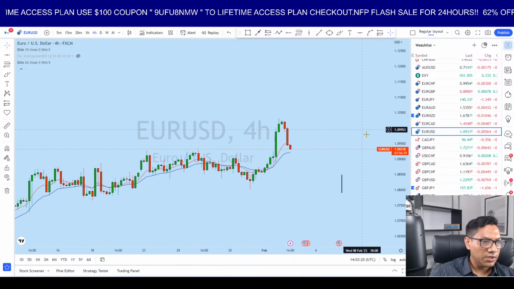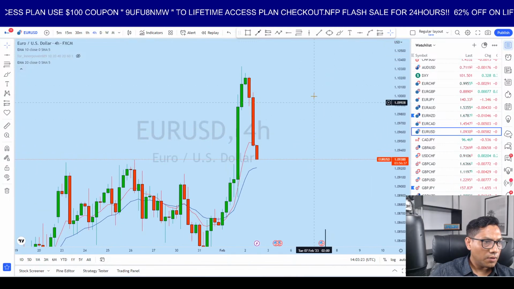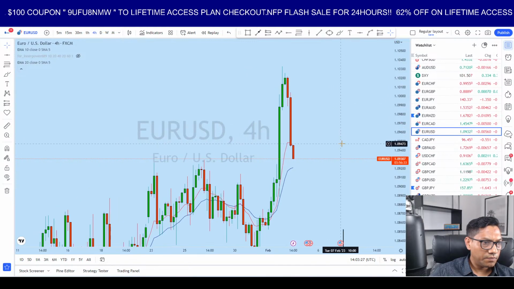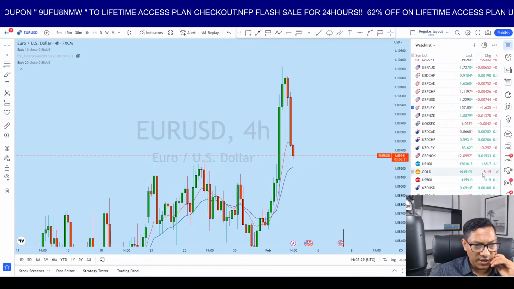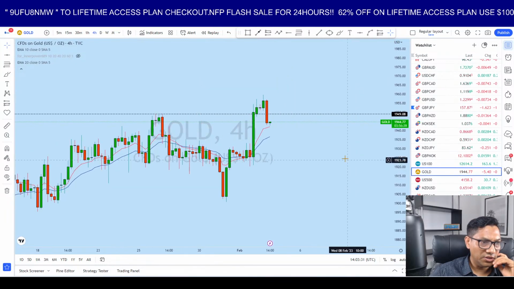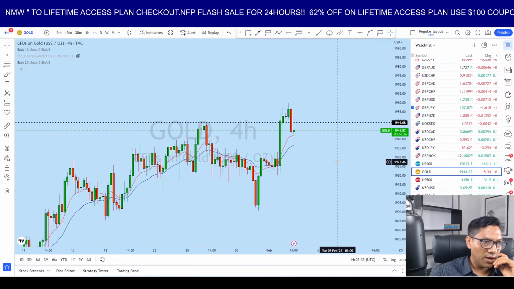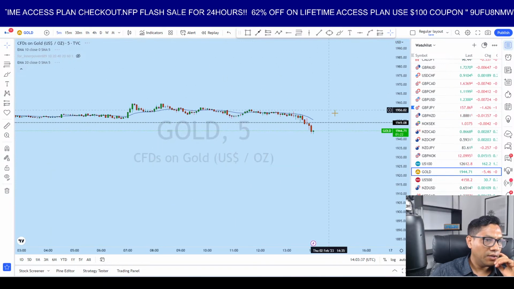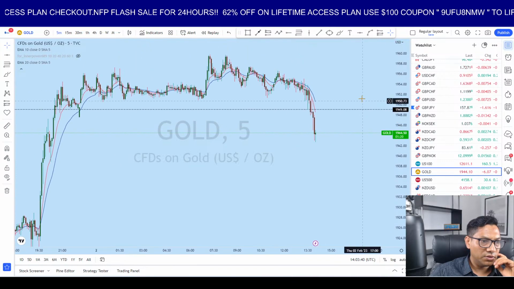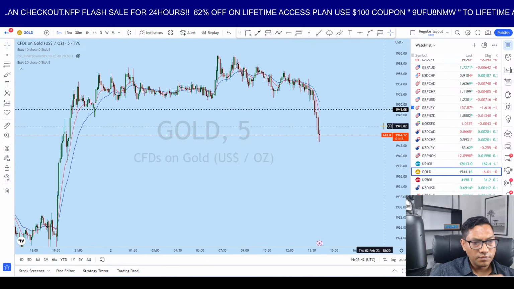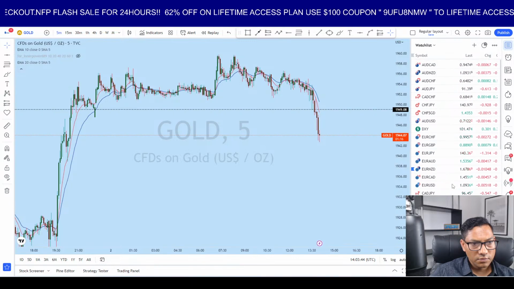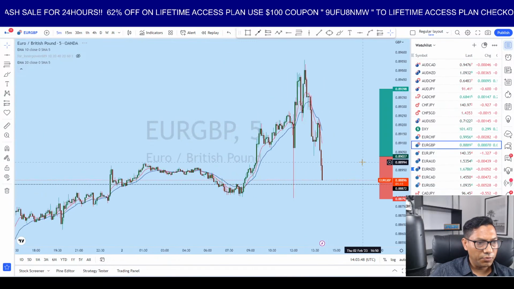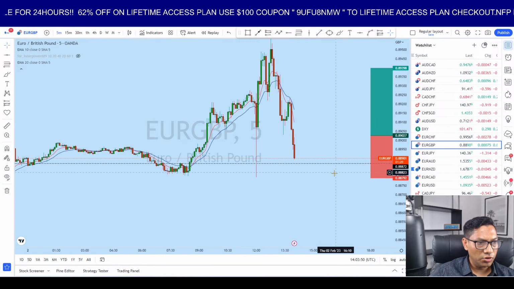Okay, looks like that. You can see Euro dollar, big bearish candle. So this is exactly what was expected. You can see gold also has a strong rejection. Okay, what I think, as I mentioned, is that the DXY reversed. Okay, then Euro GBP was probably not a good choice.